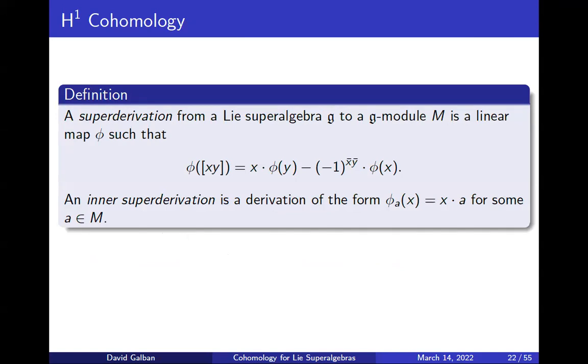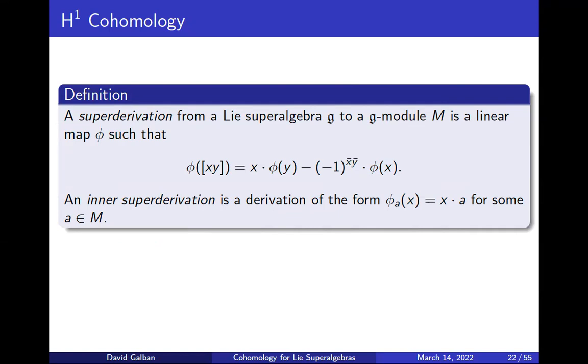All right. So with that in mind, we can start trying to calculate the cohomology groups, at least in small cases. It'll turn out that for the H1 cohomology, we don't quite need the spectral sequence just yet. So if we start off with a definition of a super derivation from a superalgebra g to a g-module M as being a linear map phi such that phi essentially preserves the bracket.